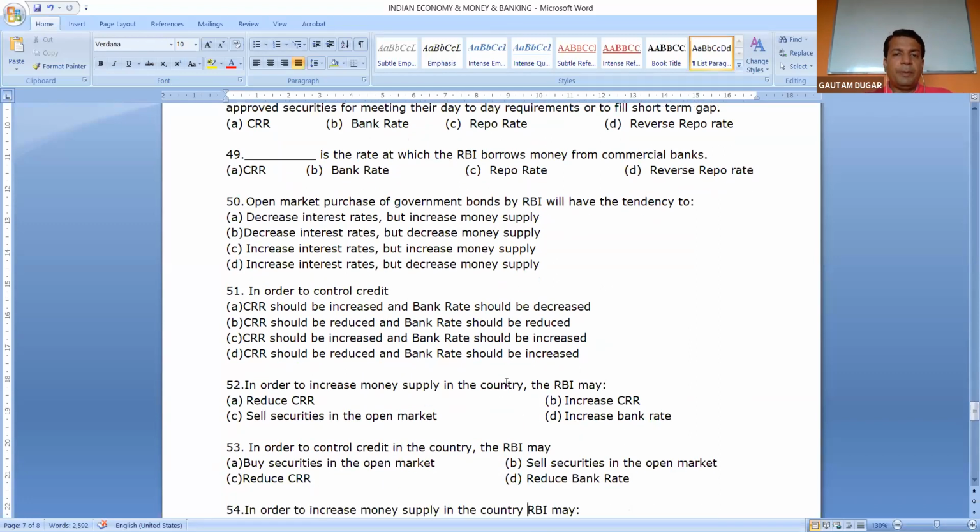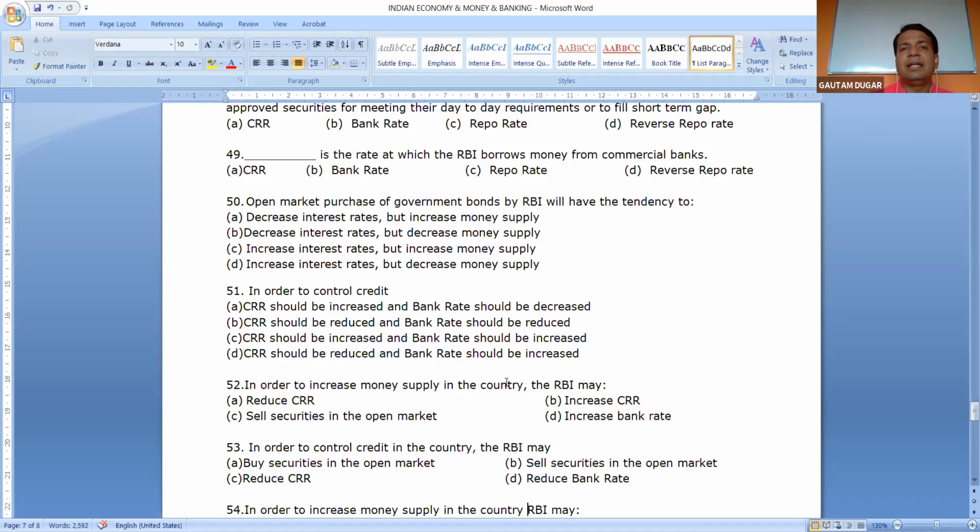50. Open market purchase of government bonds by RBI will have the tendency to. RBI is purchasing the bonds from the open market. If RBI is purchasing the bonds from the open market, what will happen? Money will go from RBI to the commercial banks, so the money supply will increase. First thing is sure.